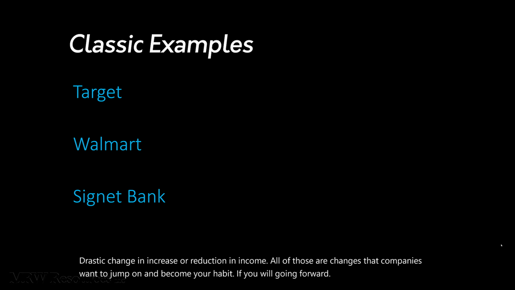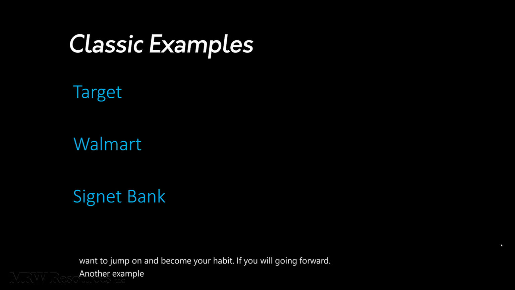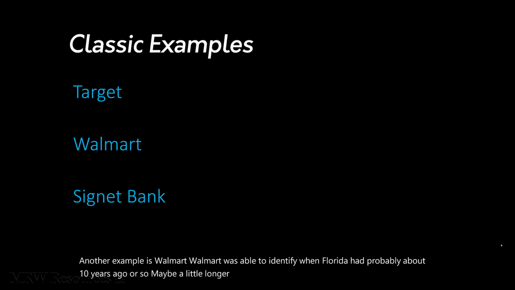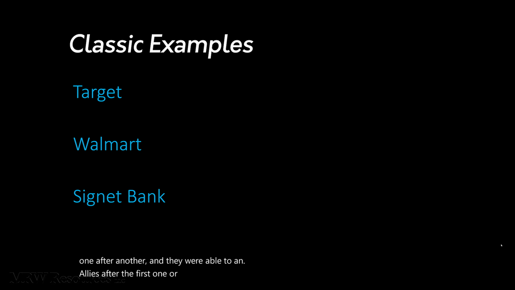Another example is Walmart. Walmart was able to identify when Florida had, probably about 10 years ago or so, maybe a little longer now, a series of 4 hurricanes just coming through one after another. And they were able to analyze after the first 1 or 2 and find that they had sales increases in areas that you might not expect.